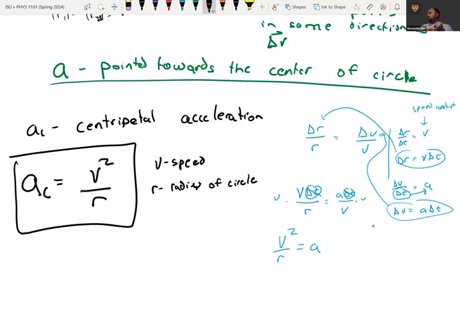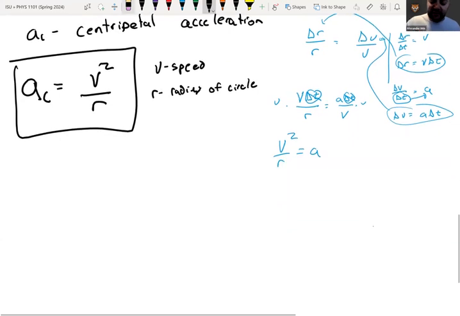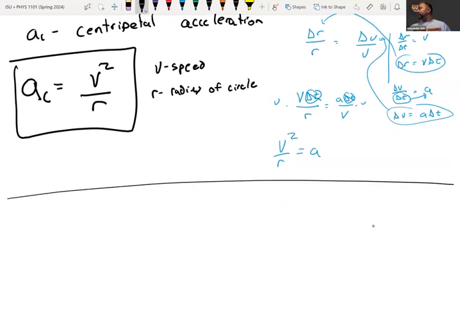But I do want to go through some examples of finding the centripetal acceleration. So you might see an example like this. And like I said, a lot of them involve partial circles, not complete circles. So here's a couple examples like that.